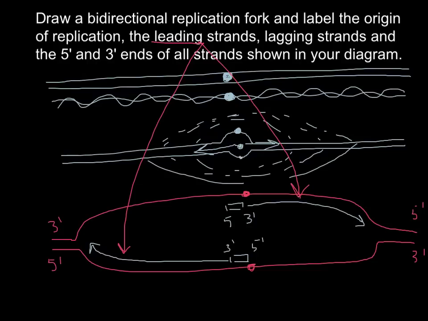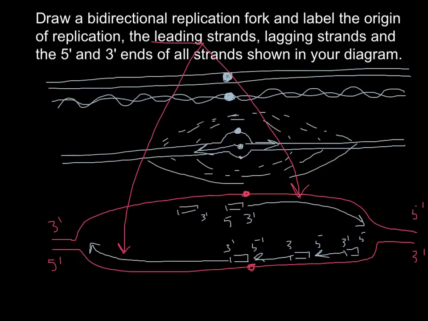As we know, growth of the new strand can only be in the 5' to 3' direction, so new primers would be added as this replication fork grows in this direction. Every primer would look like this, and it's going to be growing in this direction. But this is going to be discontinuous.